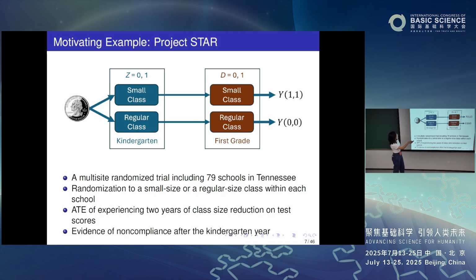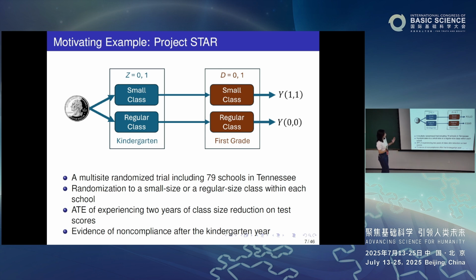The small class has about 12 to 17 students. And for the regular class, the class size is like 22 to 25. And people are interested in the ATE of experiencing 2 years of class size reduction on students' test score at the end of the first grade.